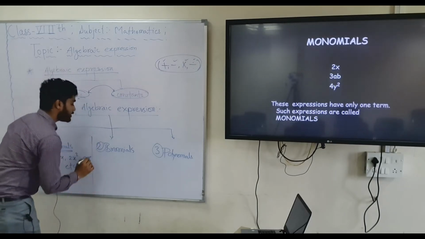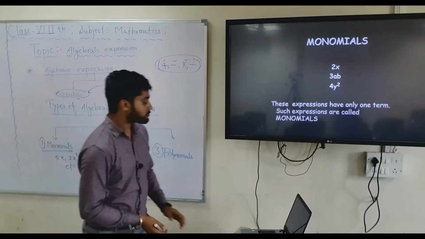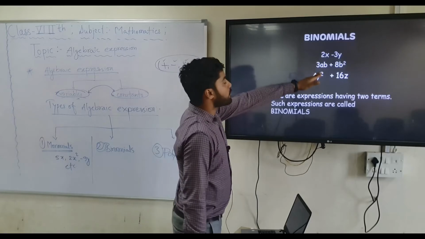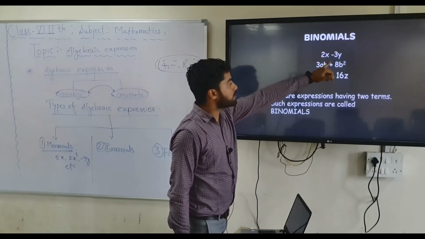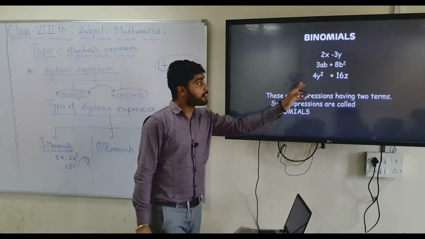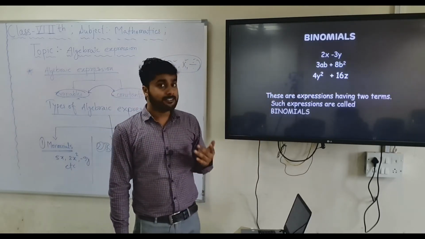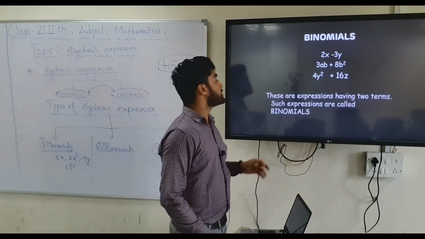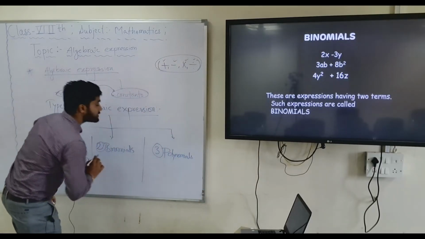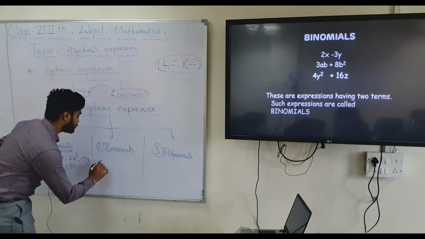Again, binomials. What are binomials? In this pattern, you can observe 2x minus 3y, 3ab plus 8b square, and 4y square minus 16z. In these three examples, you observe that every expression has two terms.